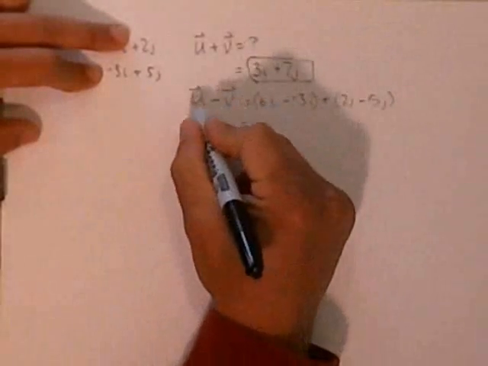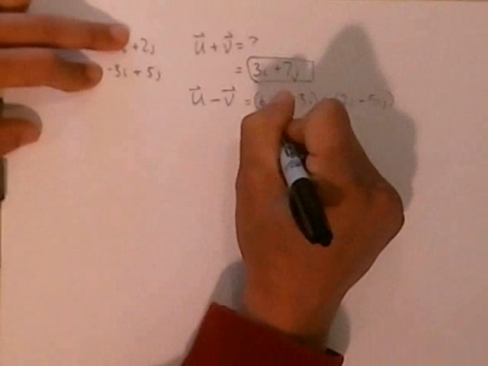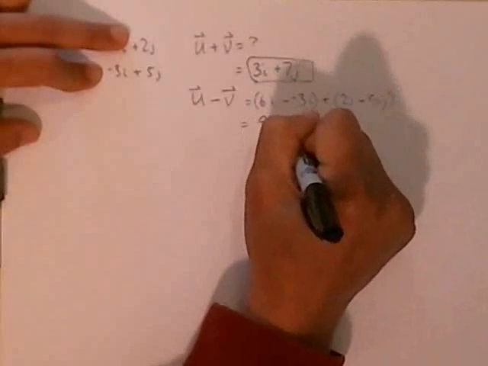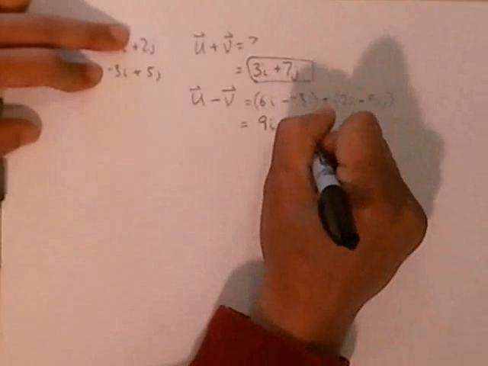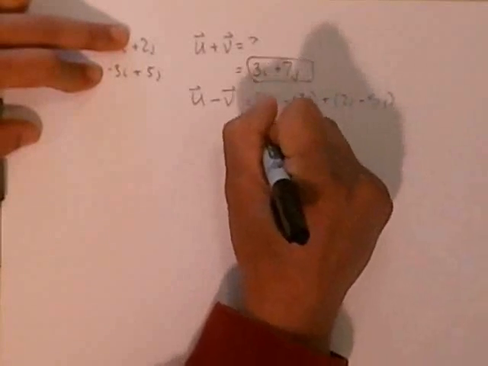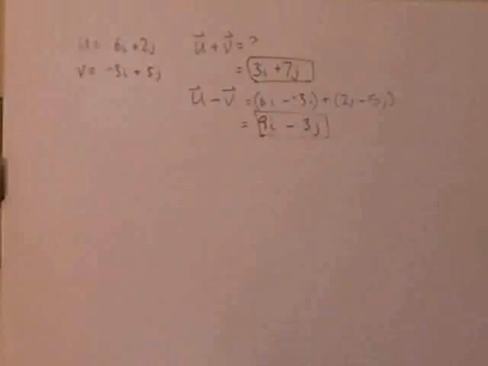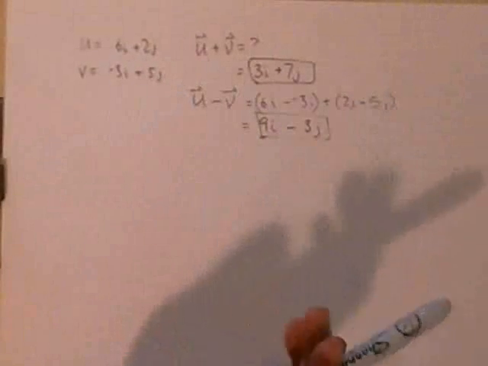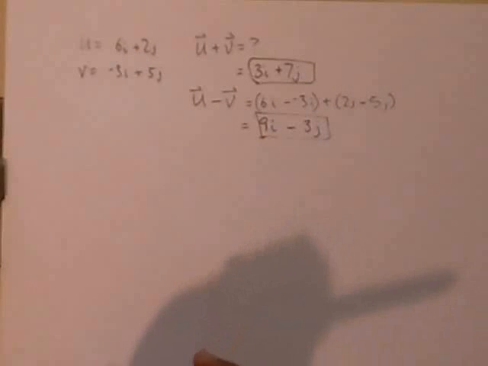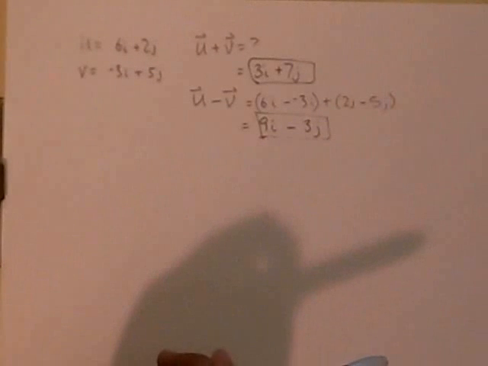Vector u minus v, which would be 6 plus 3, which is 9i, and then 2j minus 5j is minus 3j. And most books, if you want to look at it, it's not that hard to figure out in terms of how the vectors are being added or subtracted.